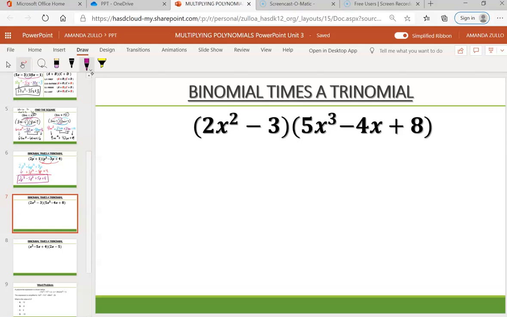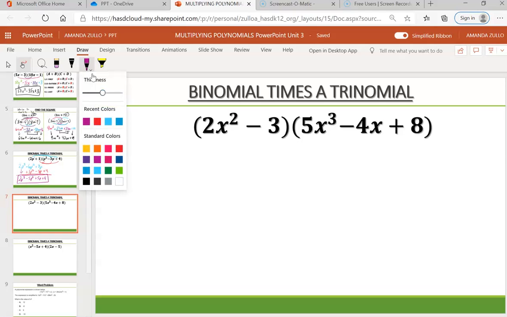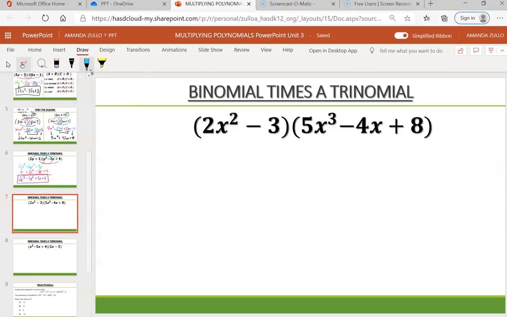This one, again, you're doing the same thing. So that 2x to the second power has to multiply with each term in the second quantity. So I'm going to give this x a 1 here. It's to the first power. Every other x has an exponent, so we don't have to worry there.